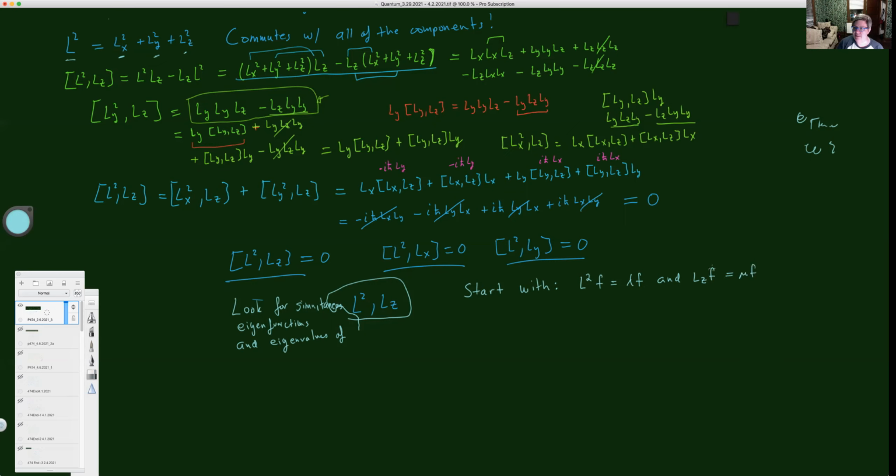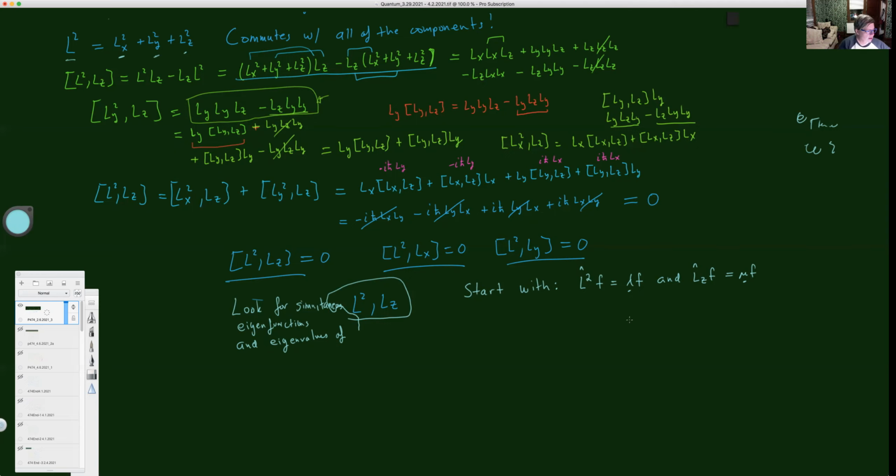In other words, it's the same set of functions f that satisfy two eigenvalue equations, one with the L squared operator and one with the Lz operator, and lambda and mu are their eigenvalues. We have no idea what they are yet. We don't have any idea what the f's are yet either. So that's where we have to start.